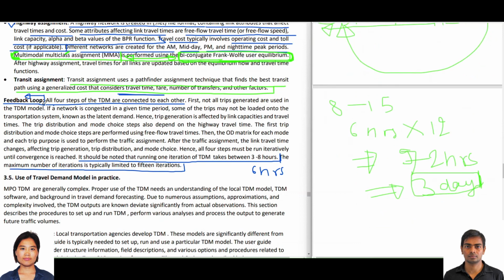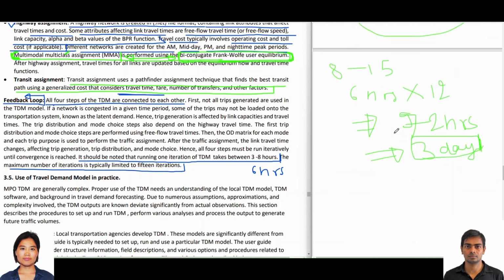So the feedback loop is important, depending on where we are setting the convergence. The model keeps running in a loop.